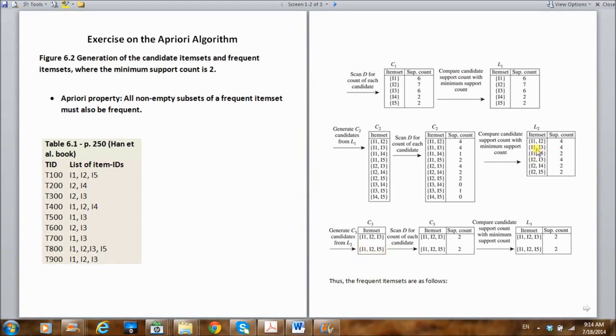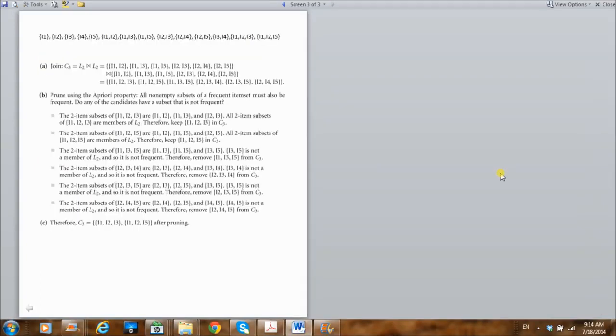Next is joining {I1, I3} and {I1, I5}. If we join these two, the 3 item set will be {I1, I3, I5}. The subsets of {I1, I3, I5} include {I1, I3}, {I1, I5}, and {I3, I5}.